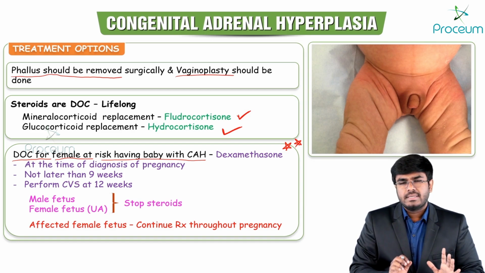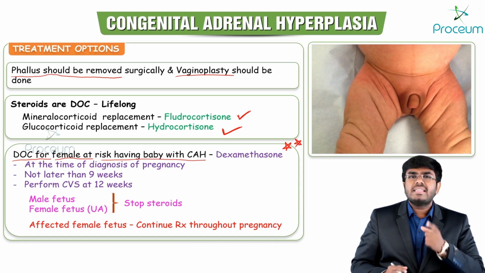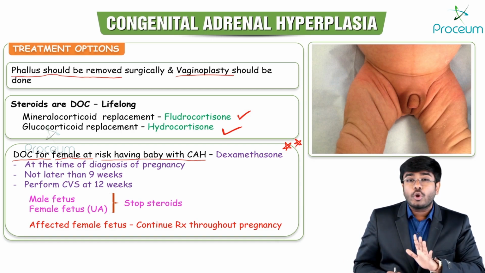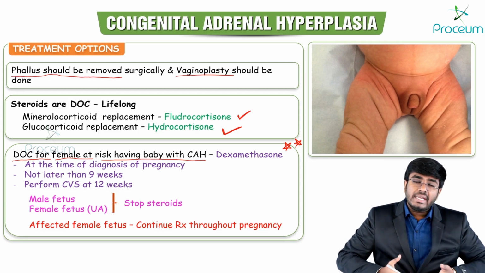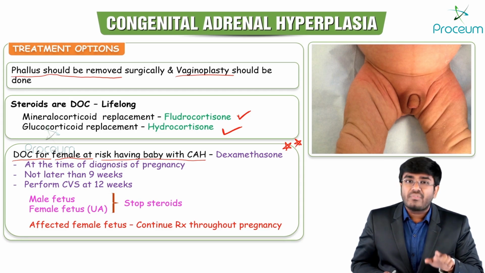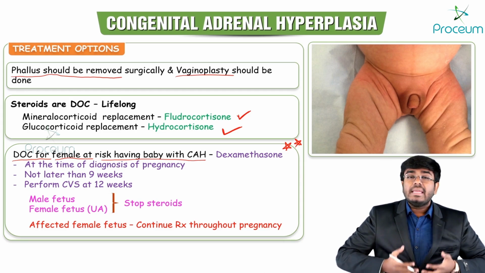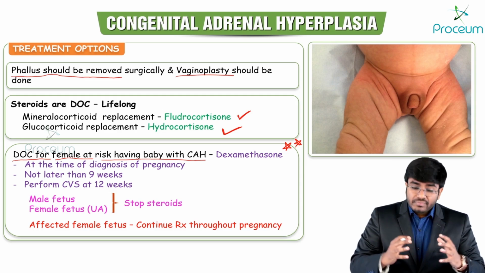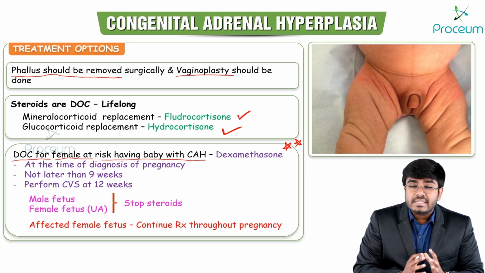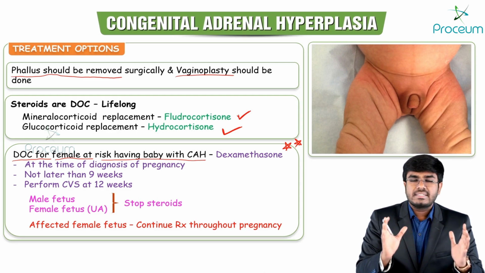Now the question is, if the upcoming child is a male, is there any problem? No. If the upcoming child is a female, that too unaffected, no problem. If the upcoming child is a female and if this female is affected, then only it's a problem.